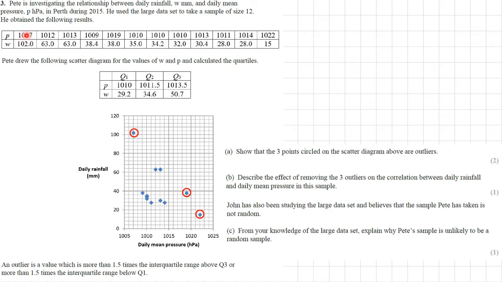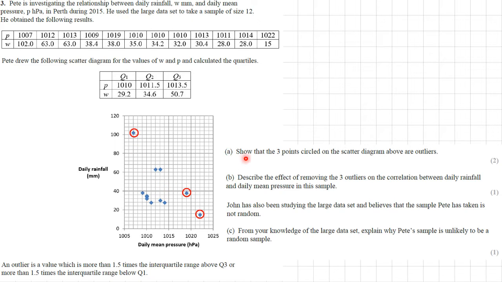So this top row here is the pressure in hectopascals, and the bottom is the rainfall in millimeters. Pete drew the following scatter diagram of values of W and P and calculated the quartiles. So we've got the lower quartile, upper quartile and the median for the pressure and the daily rainfall, and we've also got this scatter diagram here.